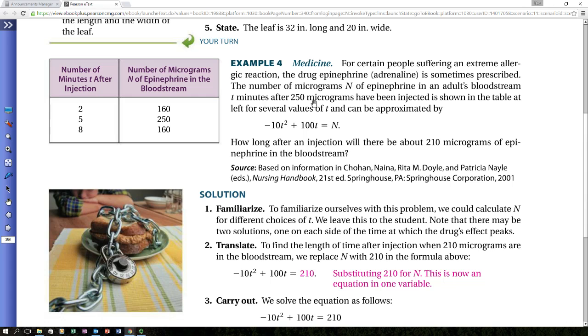Now in medicine they do some things with formulas. In this case they're going to give us a formula, and I think based on what we've covered so far, you should be able to do that. Really it's familiarizing yourself with what's in here. They're telling us a number of micrograms, and then T is time in minutes.